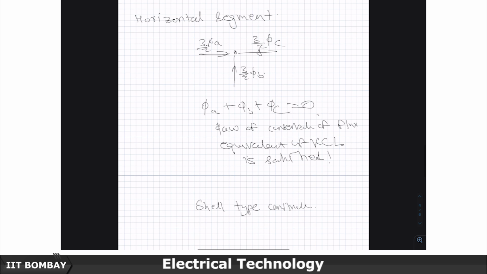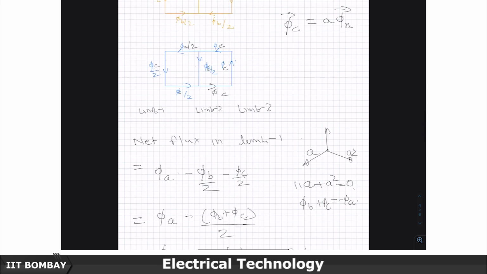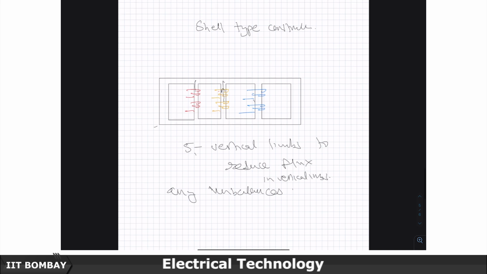The core type transformer is somewhat challenged here. For things not to leak outside, it requires a very good symmetry, but here even if there is some unsymmetry, the leakage can happen through these side limbs, and therefore it will not go into the transformer tank or create some other anomalies which you have not properly analyzed.